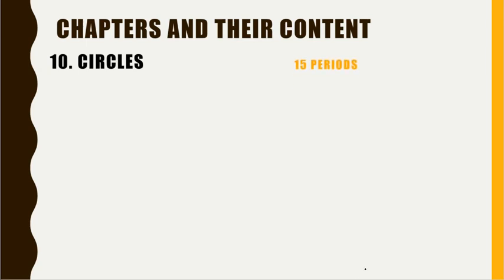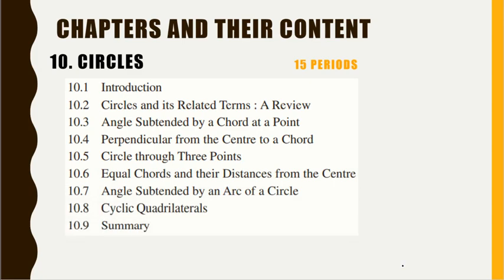Subtopics are introduction, circles and its related terms, angle subtended by a chord at a point, perpendicular from the center to a chord, circle through 3 points, equal chords and their distances from the center, angle subtended by an arc of a circle, and cyclic quadrilaterals. These are the important subtopics of this chapter, circles.